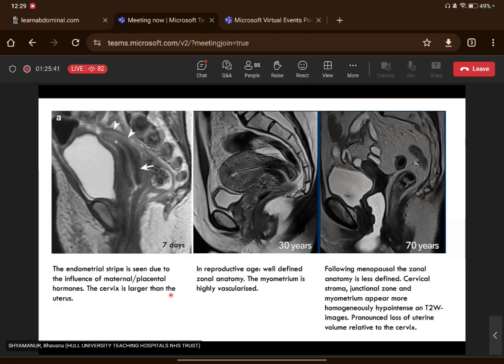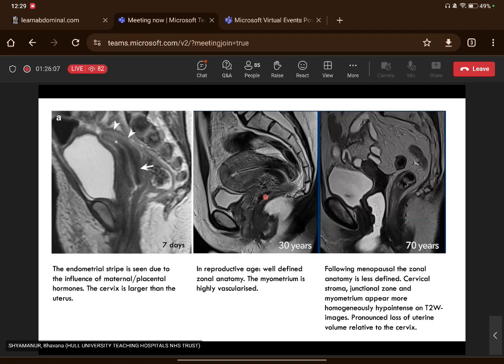Quick note about age, because the uterus can look different a lot of the time. In the very young, just after birth, you can see an endometrial stripe purely due to the influence of maternal and placental hormones, and that very quickly disappears after the baby is born. And the endometrial stripe doesn't really return again until puberty.